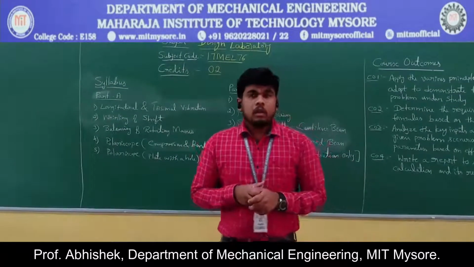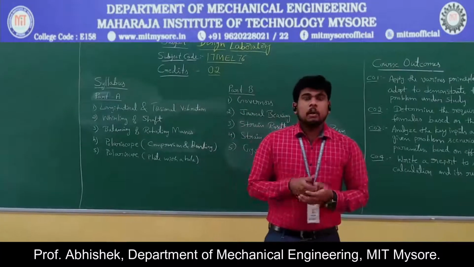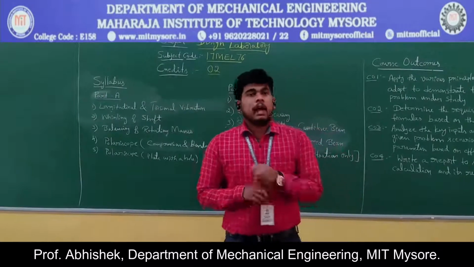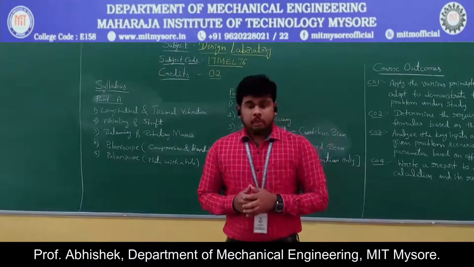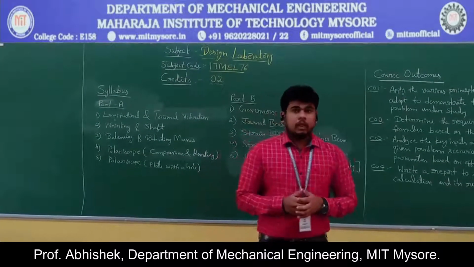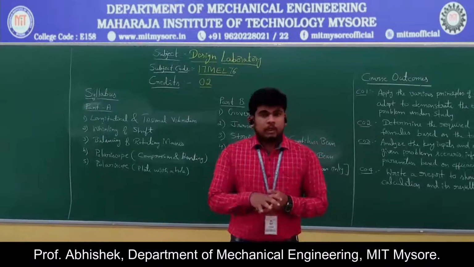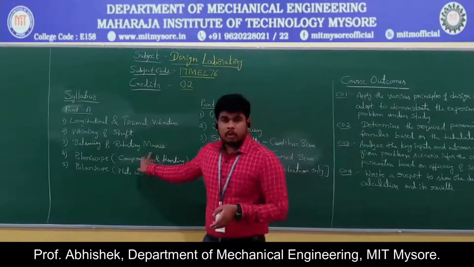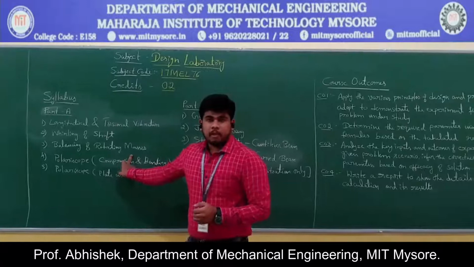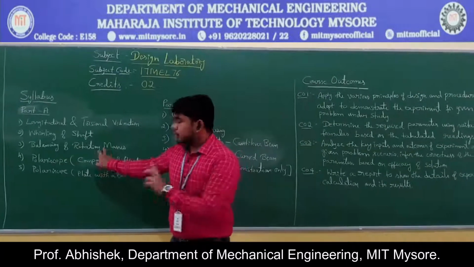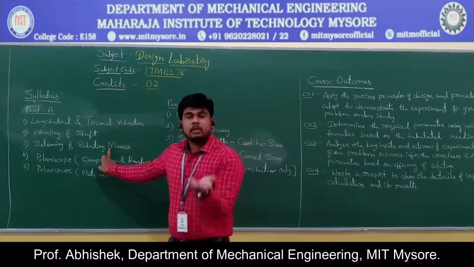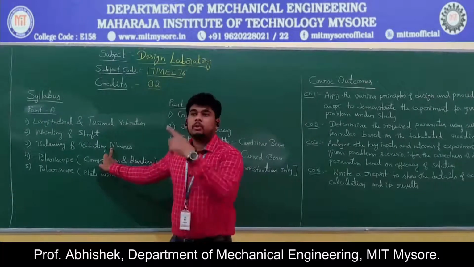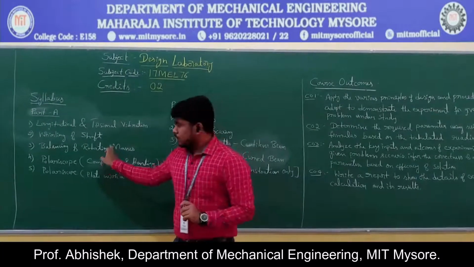You have solved some numerical problems on balancing of rotating masses as well as balancing of reciprocating masses. Under balancing of rotating masses, there are 4 conditions. Based on those 4 conditions, you are going to solve the problem in the design laboratory. And the beauty of this experiment is, before conducting the experiment, first we should solve the problem, then we have to conduct the experiment.